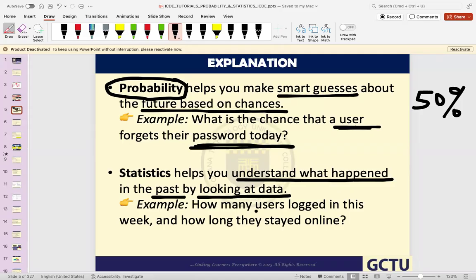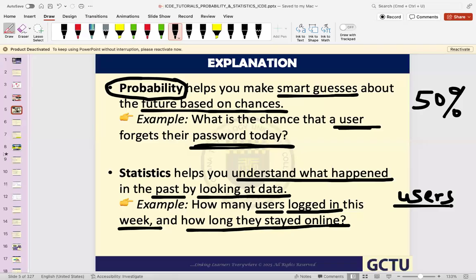Example: how many users logged in this week and how long did they stay online? I mean, this one should be simple for you. If you're an IT person and you are monitoring the logins of users, the records are there, their credentials will register.